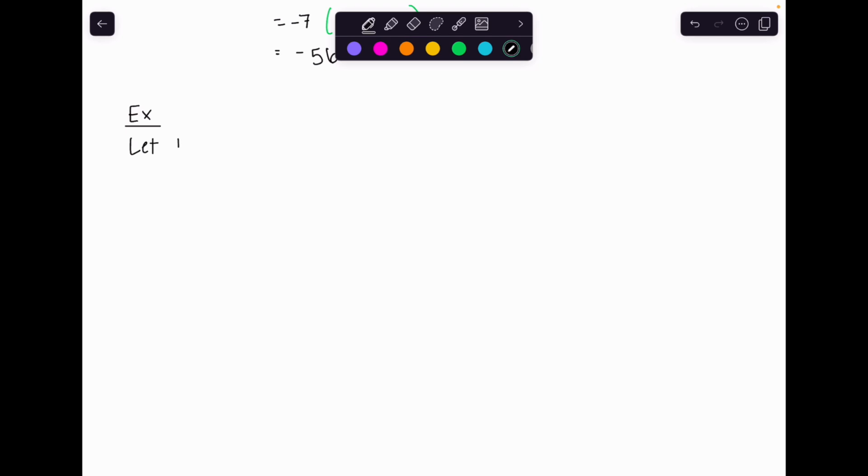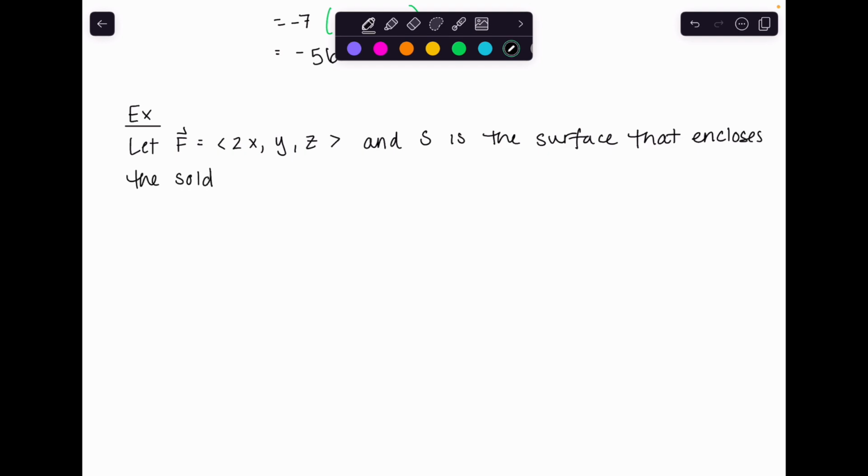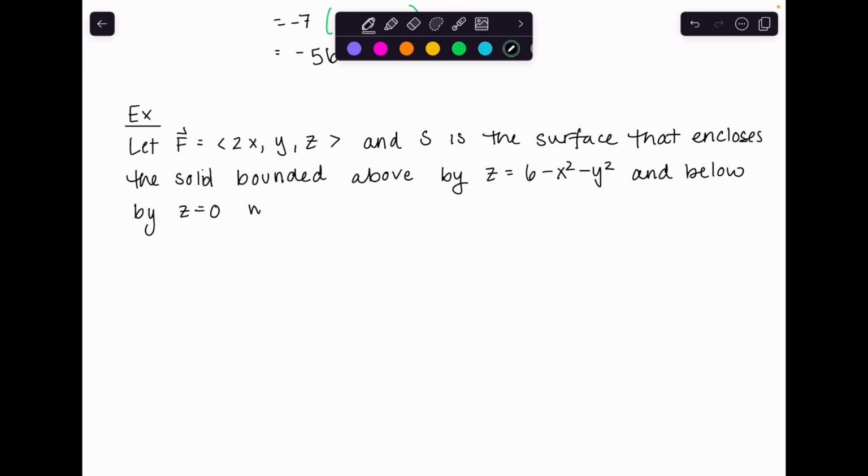So let f be the vector field x, y, z, and S is the surface that encloses the solid bounded above by z equals 6 minus x squared minus y squared, and below by z equals 0, with outward orientation.